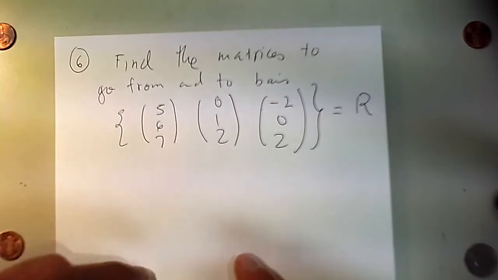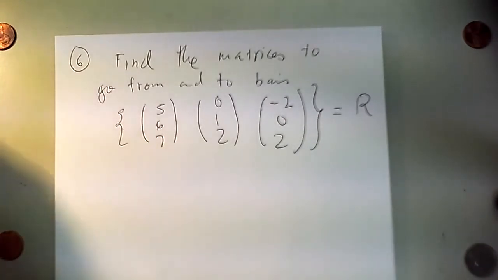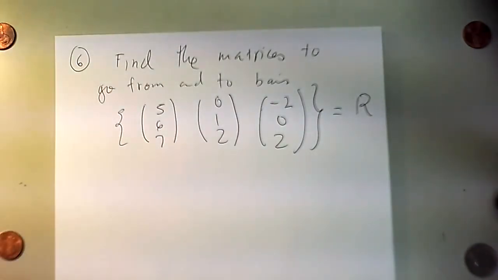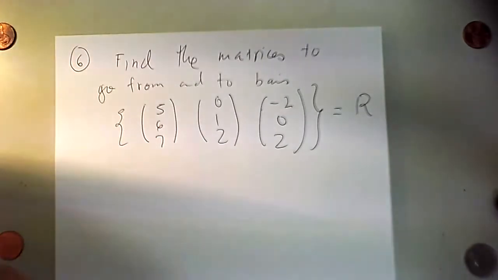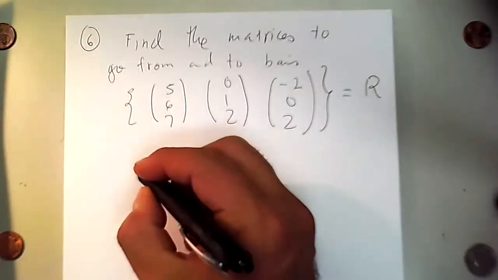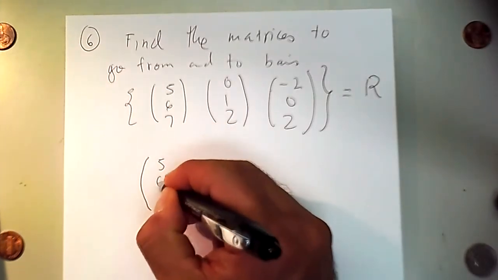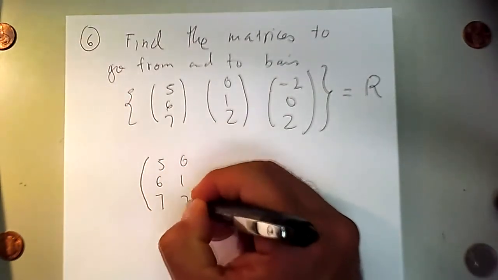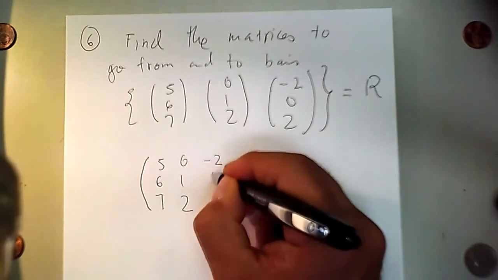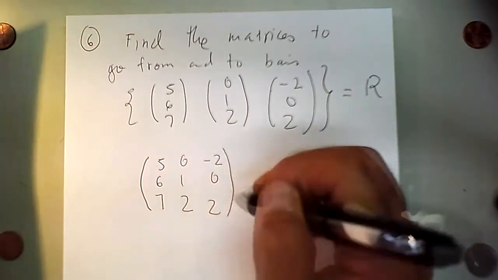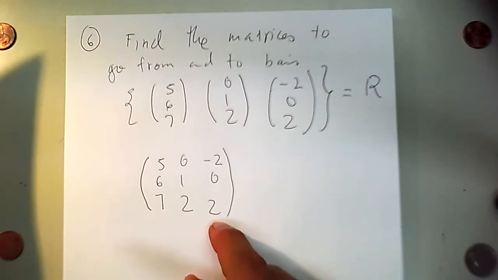Now, let's not work as hard as we did in the previous problem. Because there's one that is super easy. We know there is a matrix. If we just do 5, 6, 7, 0, 1, 2, -2, 0, 2, this is one of the 2 matrices.